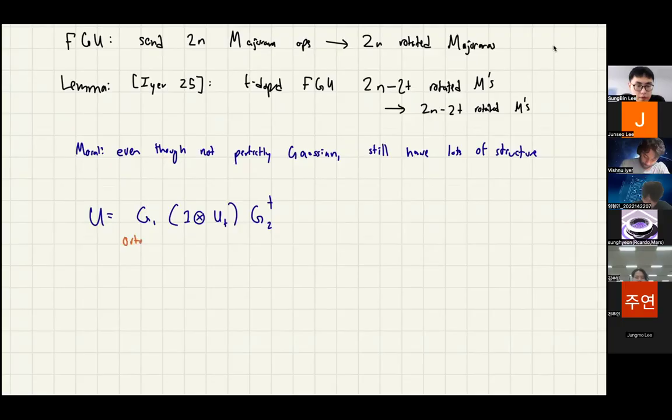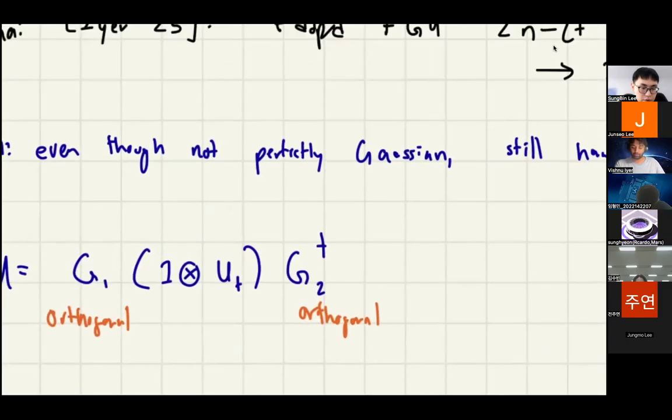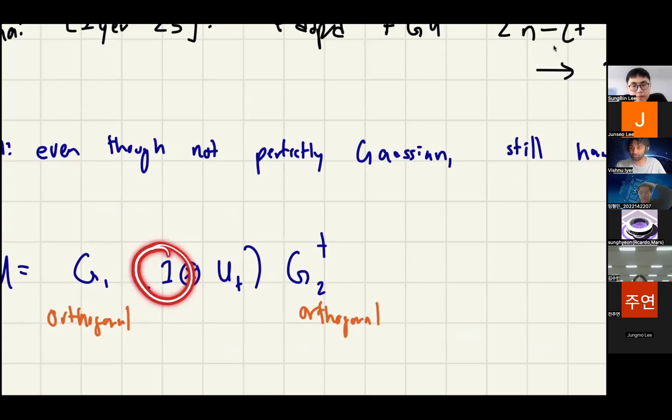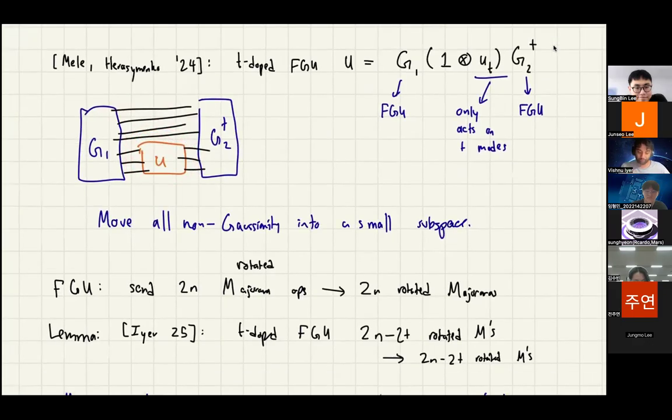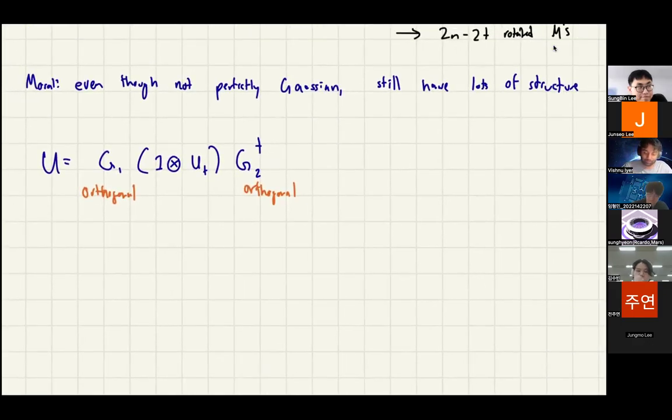So this is kind of orthogonal, and this is also kind of orthogonal. Okay. And this is like a bunch of ones and then some other stuff. And this looks kind of like a diagonal matrix. Maybe not exactly diagonal, but like the identity matrix, right? You're not doing anything here. The identity matrix is diagonal, right? And this is a small matrix. So this matrix might correspond to something that's maybe a little diagonal, but not exactly diagonal.